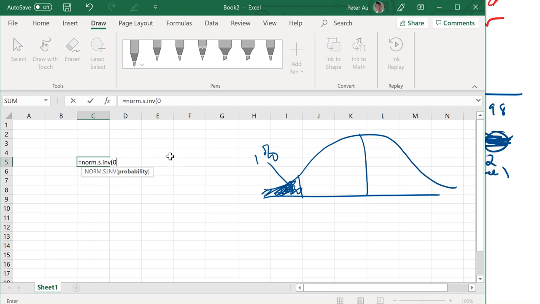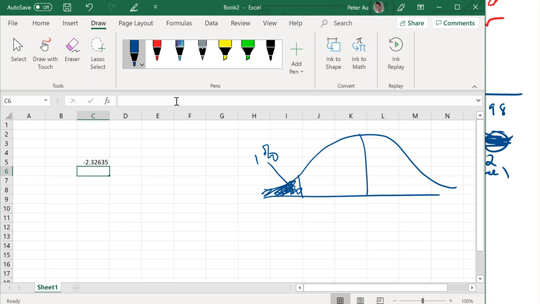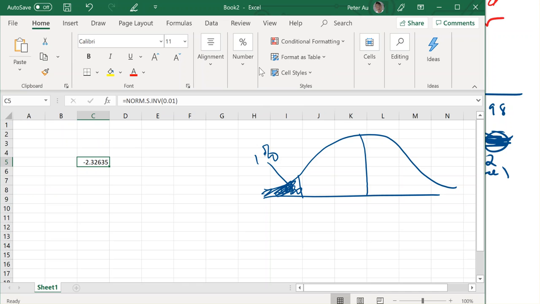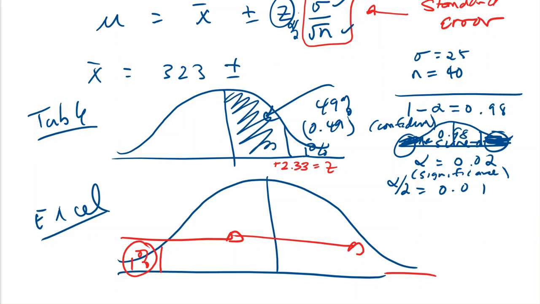I know the probability that I'm looking for is 0.01. And this works out, as you can see, to be minus 2.326. But we're just going to round it to 2 decimal places, so it's negative 2.33. So you know that's minus 2.33, and this is positive 2.33, same as this. So with the table, you look up 49%; with Excel, you look up the 1%.